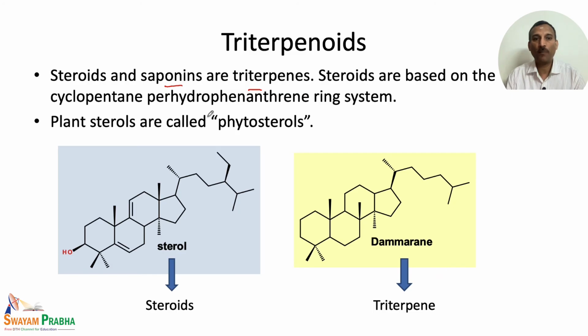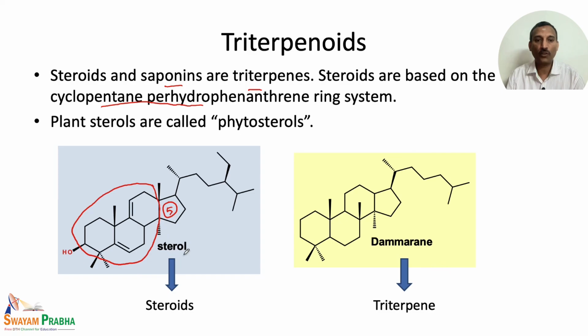Steroids are based on a cyclopentane perhydrophenanthrene ring system. This is basically the phenanthrene ring system, and this is a perhydrophenanthrene ring system. Along with that, a cyclopentane unit is added. That is the reason these compounds belong to the cyclopentane perhydrophenanthrene ring system, and all the steroidal compounds have this basic skeleton.